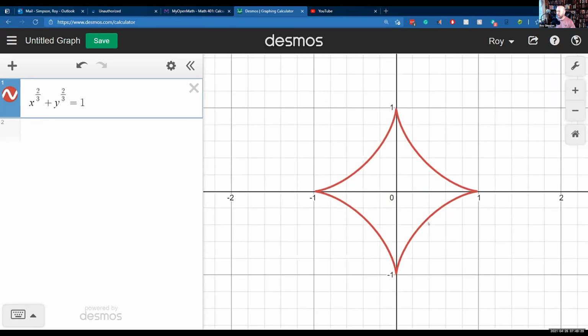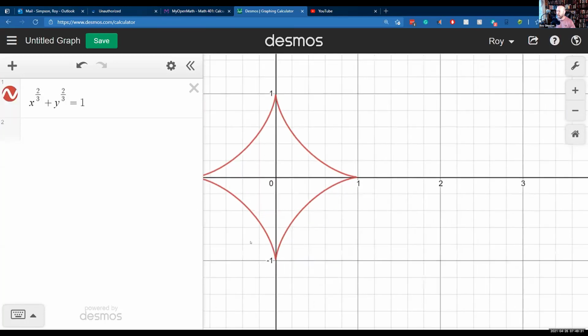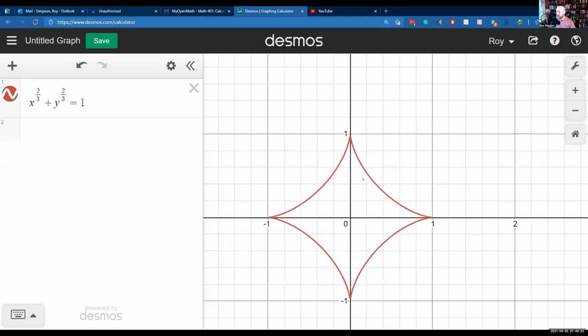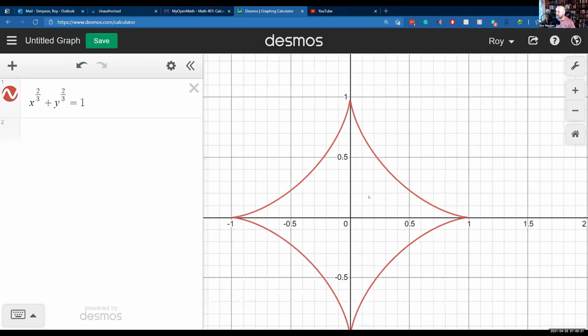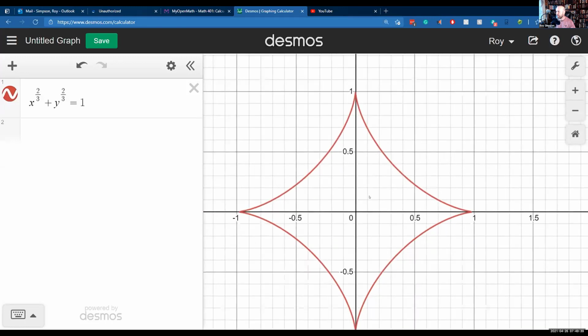And you can see this is actually very beautiful, a semi-diamond shaped, kind of a convex diamond shape, something like that. So we want to find the length of this curve. Okay. Now, here's the deal. The length of this curve, there's actually 4 sections to it.